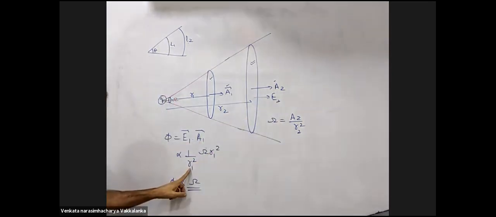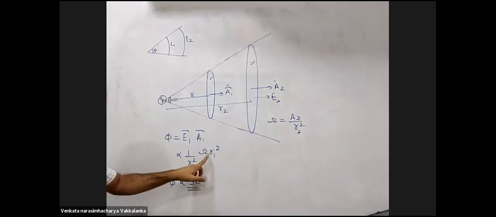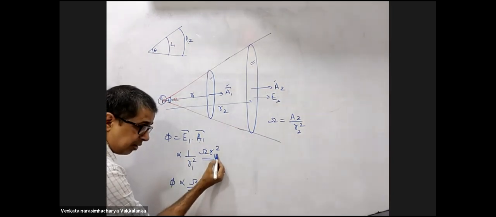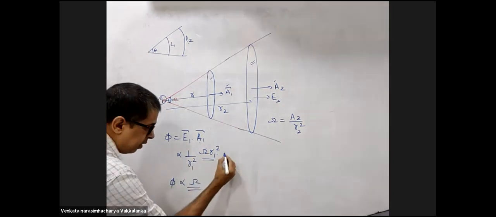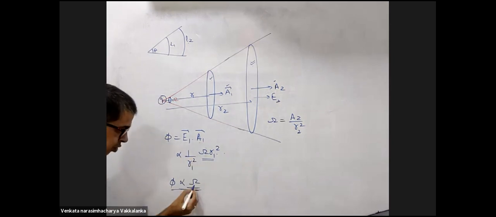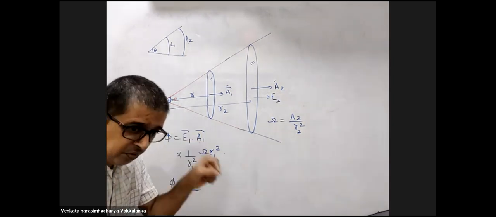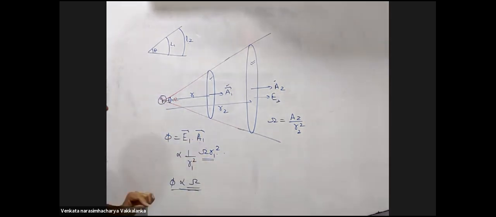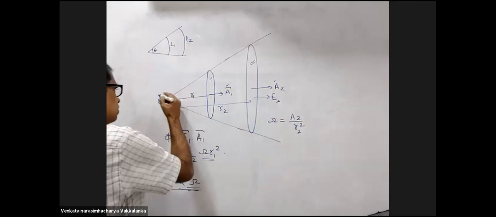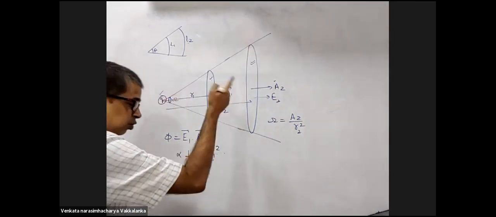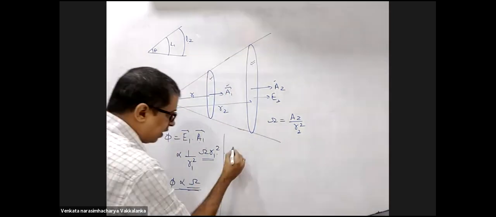E is inversely proportional to R square, area is directly proportional to R square. The product, will it become dependent on solid angle? Yes, sir. So we are trying to tell you, if two areas subtend the same solid angle, the flux through both of them will be the same.